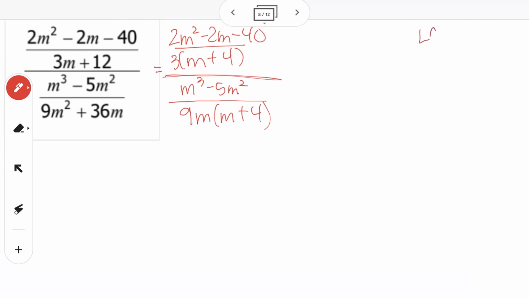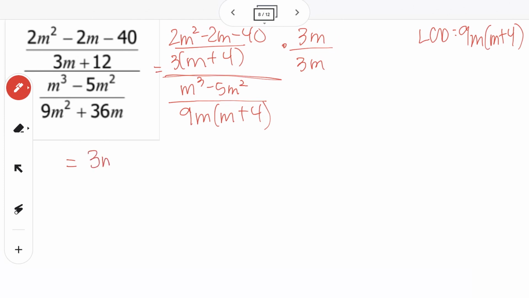And so to find my LCD, I need to make them be the same. Well, I could turn a 3 into a 9, so the 9 is part of my LCD. I need this factor of an m, and they both have an m plus 4, so I need all of that. It's actually going to be this bottom denominator. To make the top one be that, I'm going to multiply by 3m, because it already has everything else.